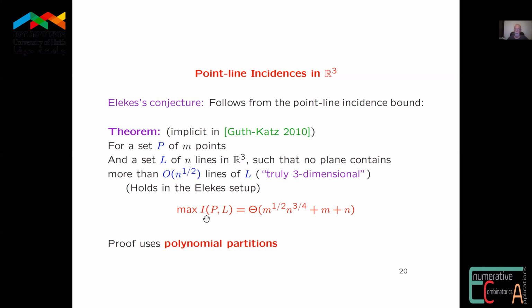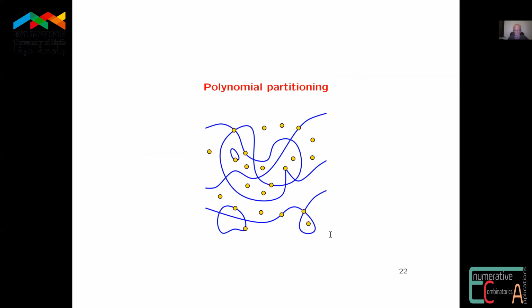So we get at least mk incidences, and at most m to the 1/2 n to the 3/4. And if you eliminate m, the number of such points, you get exactly n cube over k square, which is what Elekes wanted to get. Okay, let me keep going.